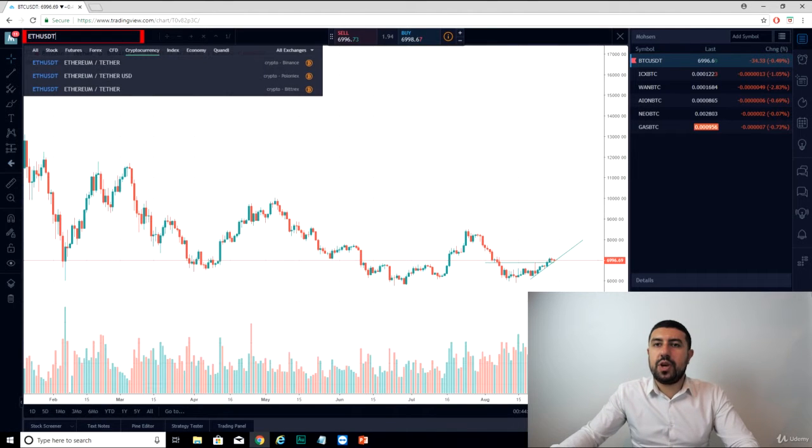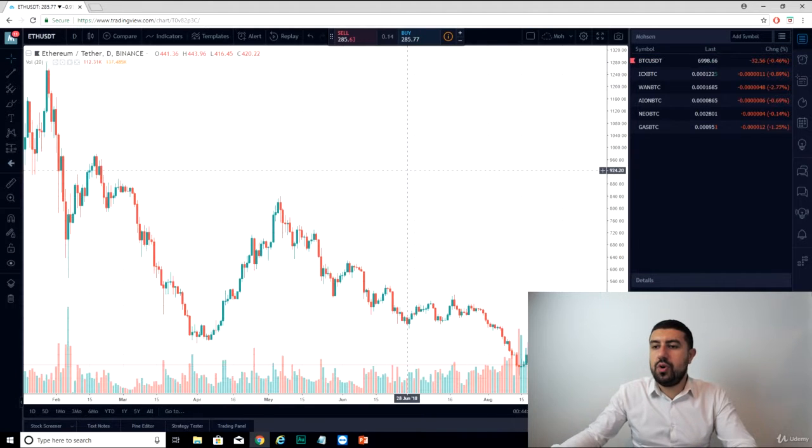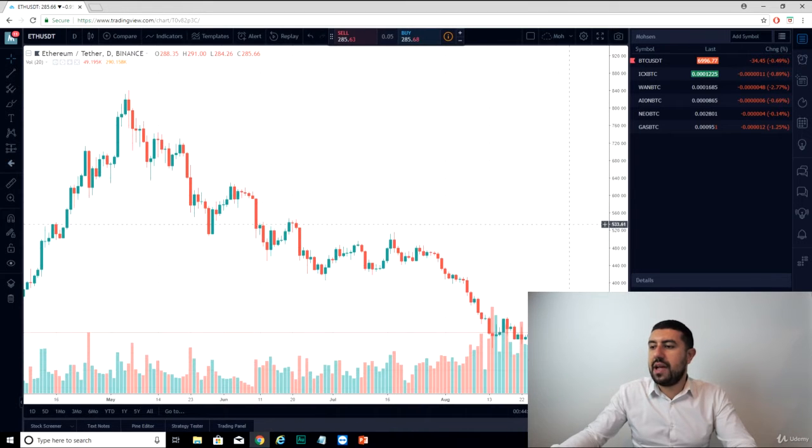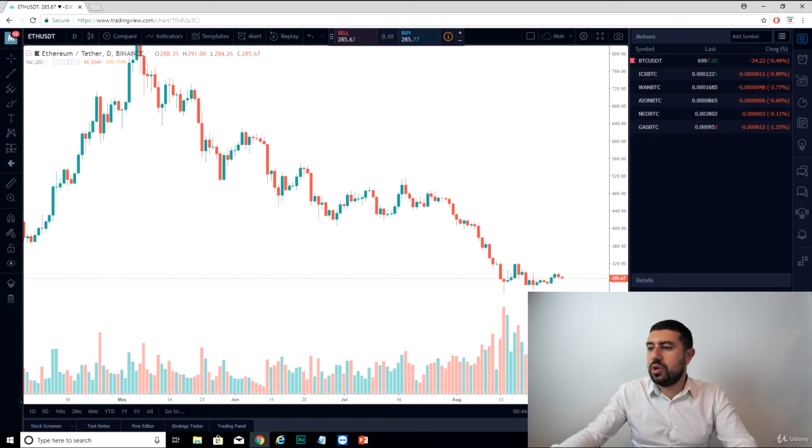And then it tells me, okay, I have Ethereum USDT on Binance, Poloniex, or Bittrex. So it will get the prices on that specific exchange. If I want to look at the prices on Binance, here we go. I have it here, and I can see that the current price right now is $285. That's for Ethereum USDT. If I go on the exchange, that's the price I would see.